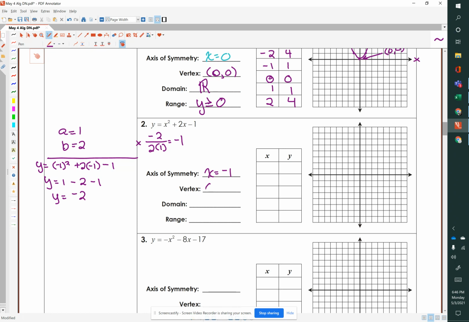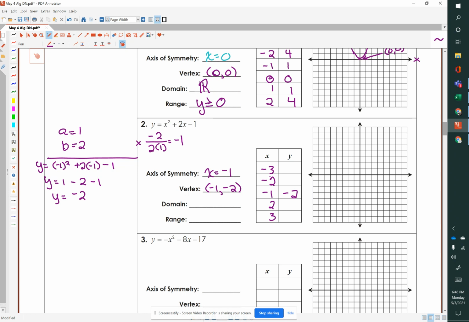So the vertex is (-1, -2). So we'll put that in the middle of the table and we'll fill in the rest. Let's do -2 and -3, 2 and 3.